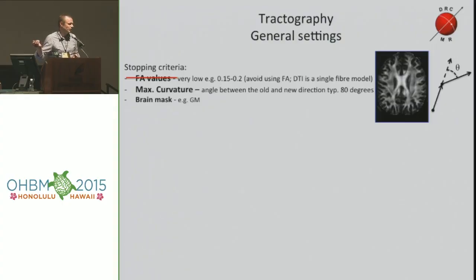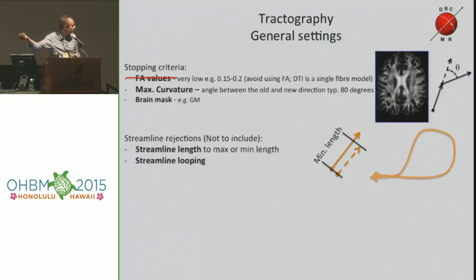Then we have the maximum curvature. That ensures that the streamlines are not making a very strange curvature within the voxel. And then we, of course, have the brain mask, which, for example in cortical regions, is where we expect streamlines to terminate, which is natural when we know the axons are projecting to cortical regions. Then we also have streamline rejections in our method, which could differ between toolboxes. That could be, for example, streamline length, so we can add a constraint saying we only want streamlines that have a certain length.